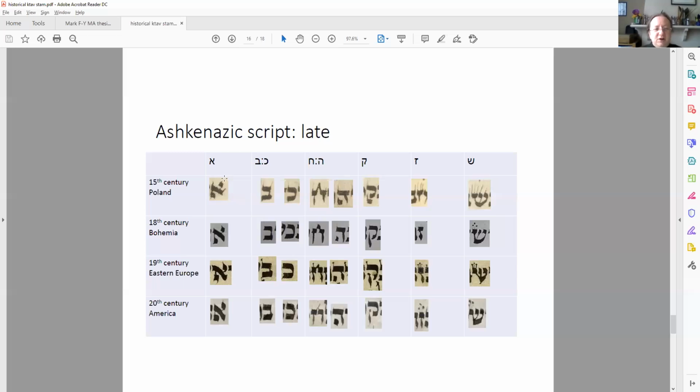But you can see the progression here between the 15th century Ashkenazic script and the modern ones. The way that Aleph's diagonal starts to get this little dancing feel to it, which it didn't have in earlier scripts. Sometimes it becomes easier to tell the difference between kaf and bet, sometimes not quite so much.